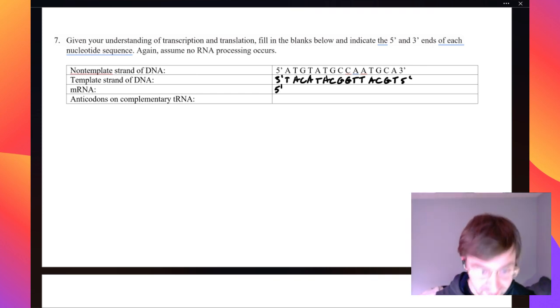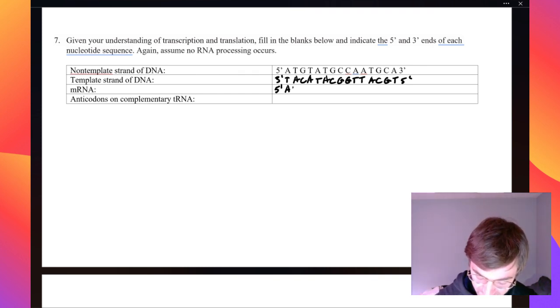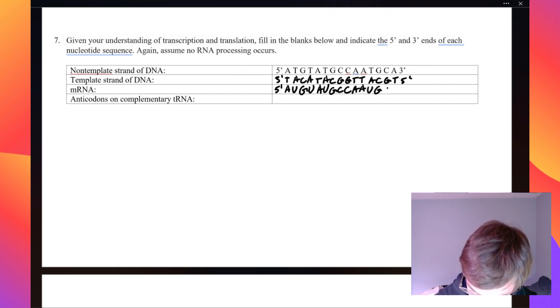That's the same. T still goes to A. A goes to U, uracil. C to G, A to U, T to A to U, G to C, C, C, A, U, G, C, A, 3'.